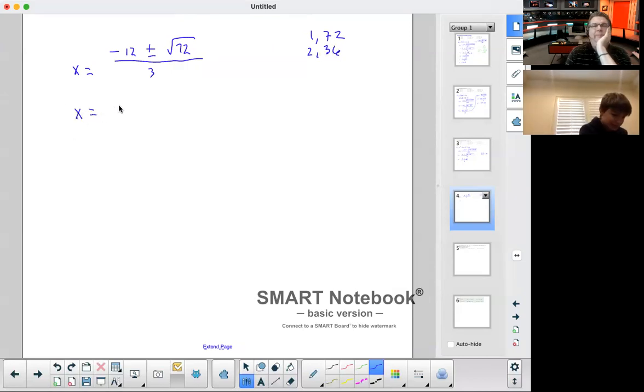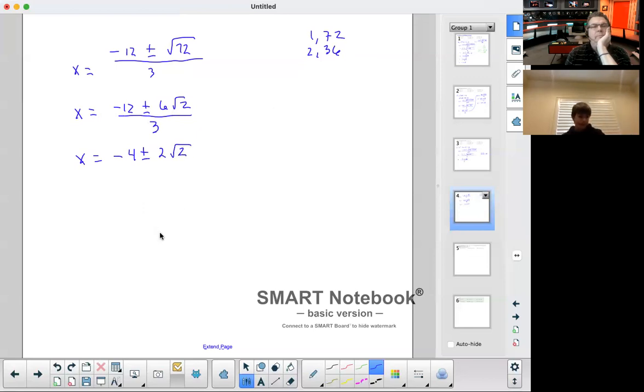So it's going to be 6 times the square root of 2. And then they're all divisible by 3. So it's going to be 4 plus minus the square root of 2. Yep, I just got that.